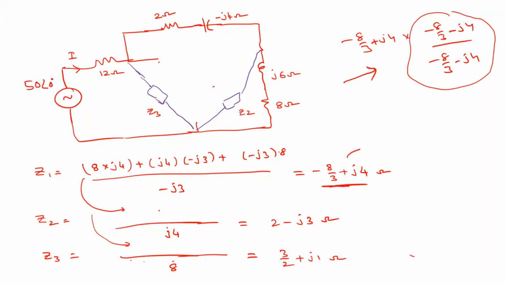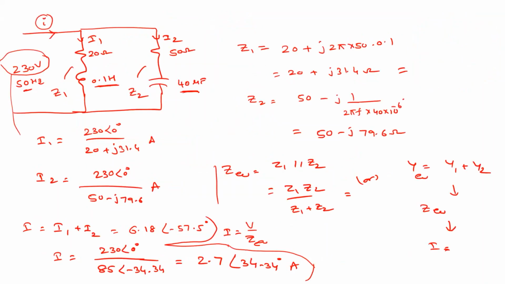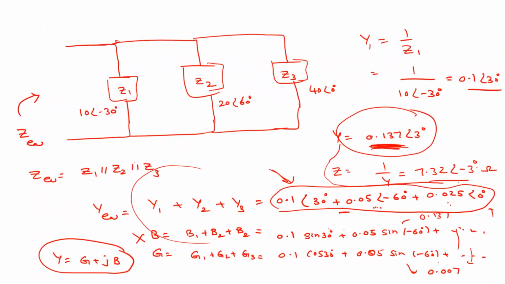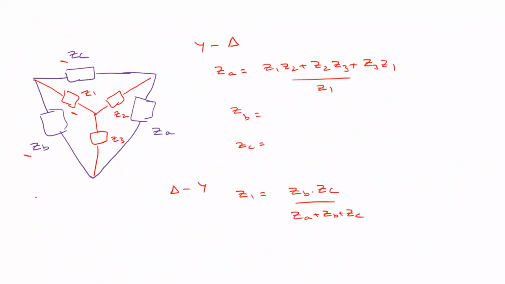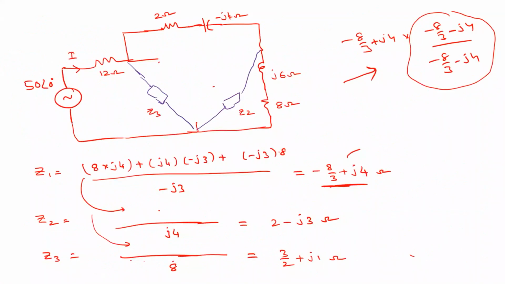But again we'll have a complex number in the denominator, sir. So in that case, you can straight away use this Z1. I think it's better if we alter the angle, sir. You directly use this as Z1 and proceed with that.